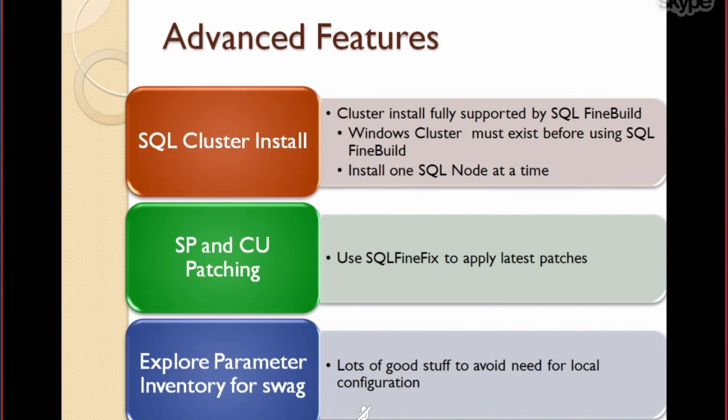There's not much more in this. Some advanced features. We've talked about installing on clusters. I understand from Cody that not many people do a SQL Server cluster install, but if you did, then that is supported. FineBuild doesn't include any special support for availability groups.